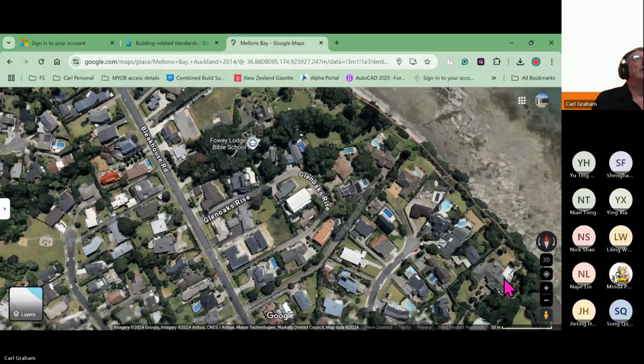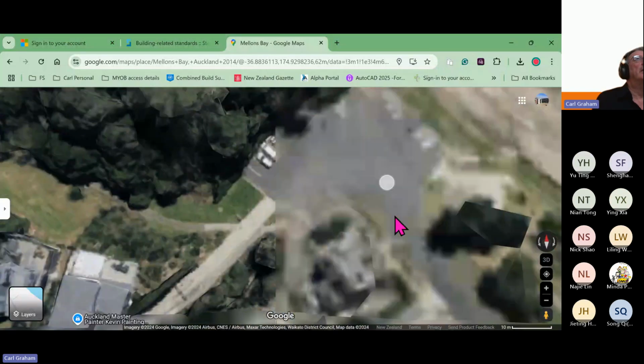Let's just let the other students have access to this. When you get to the bottom of Mellons Bay, the beach is down here. There's the bottom of Mellons Bay there.